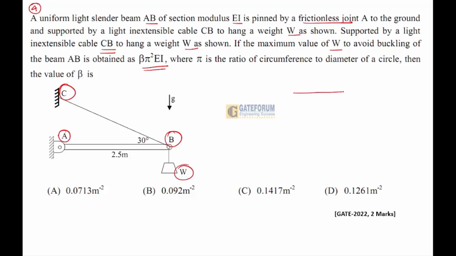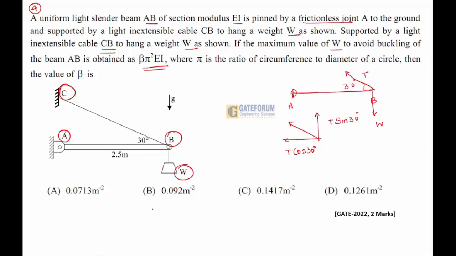First I am taking A. Let this be A, which is pinned. This is B. There will be a tension T in this rope, and the weight force will be acting downward. The angle made is 30 degrees. So when you resolve the forces, this will be T cos 30 and this is T sin 30 degrees.